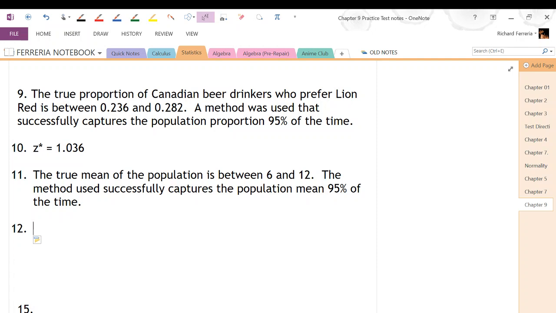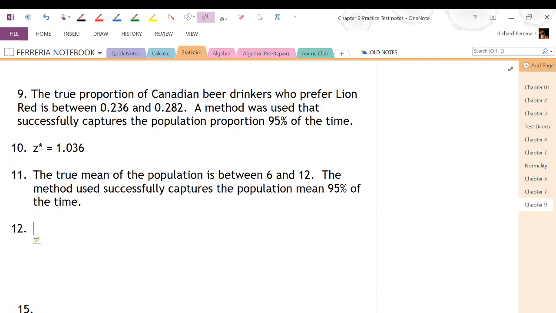Would you make the basket bigger or smaller? You make it bigger, right? That means you have a better chance of being correct. So, exact same thing here. We want to make our basket as wide as possible. We want to make the confidence interval bigger so that we have more of a chance of being right.